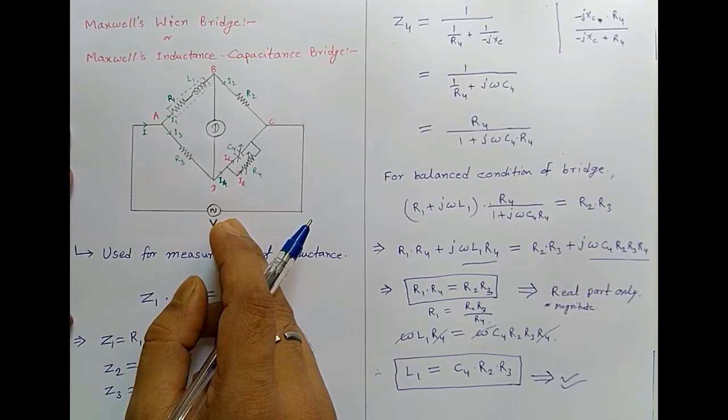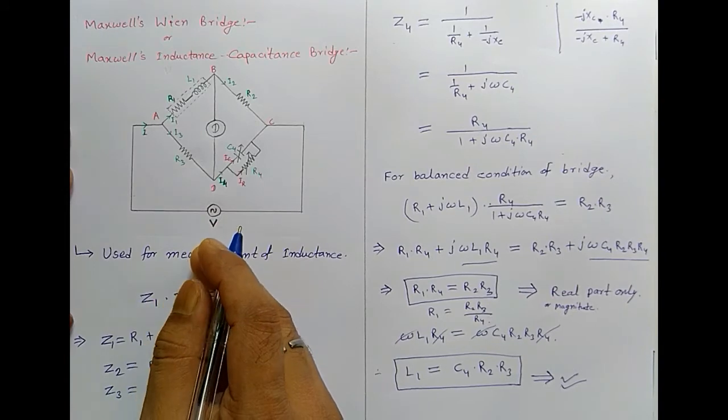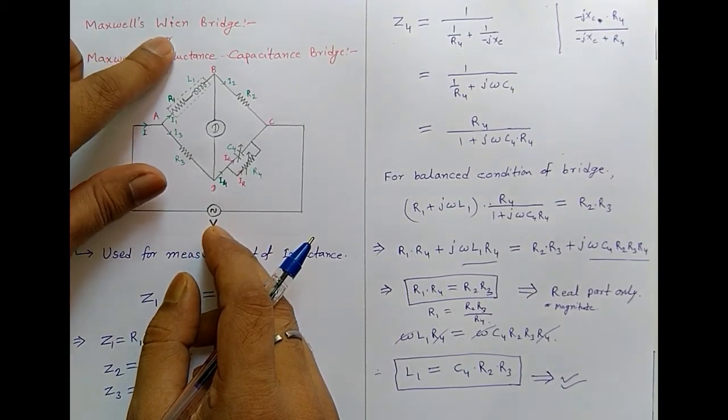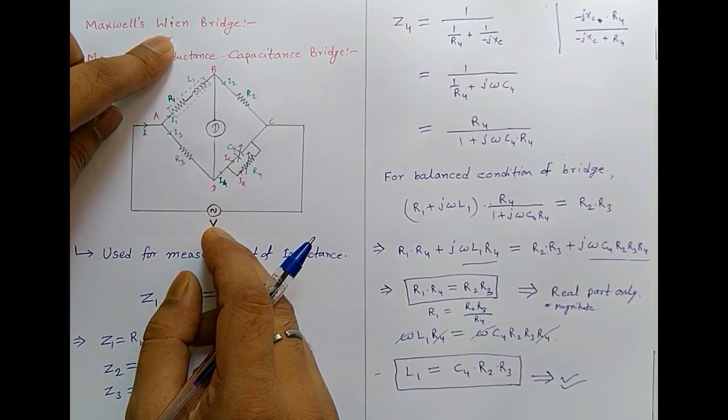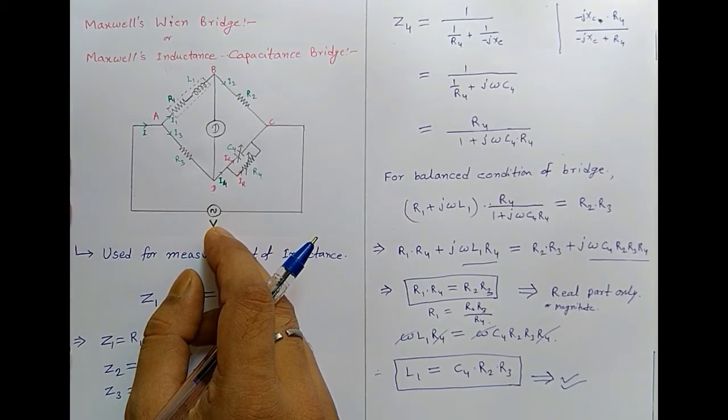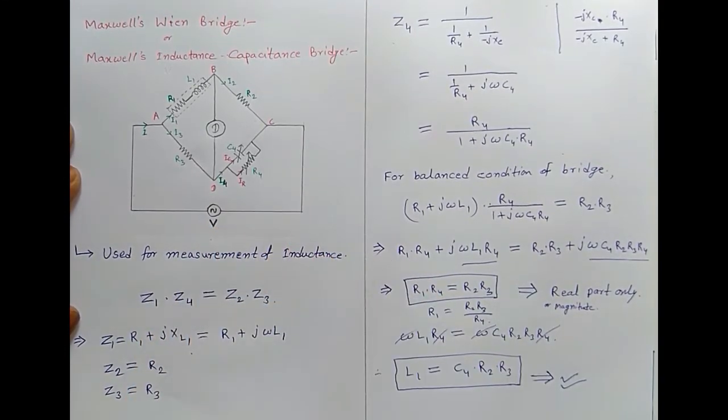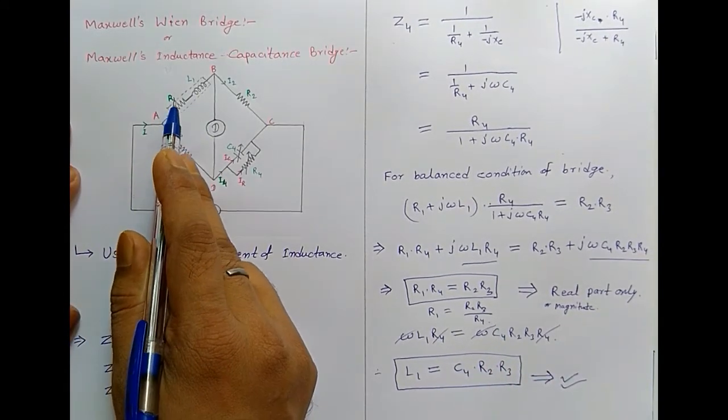That is also one advantage of this Maxwell's Wien bridge, as well as of Maxwell's bridge, where omega is also cancelled. So with the help of this bridge, we can calculate R1 and L1, the unknown parameters of the inductor.